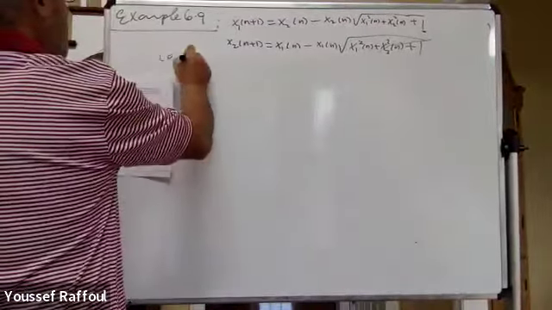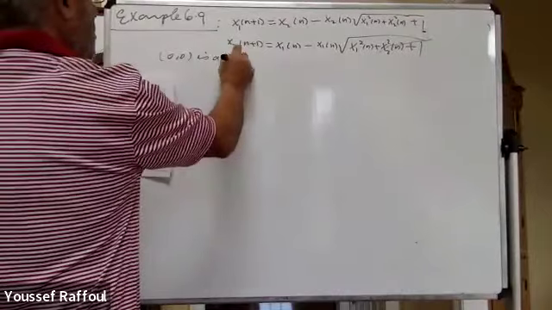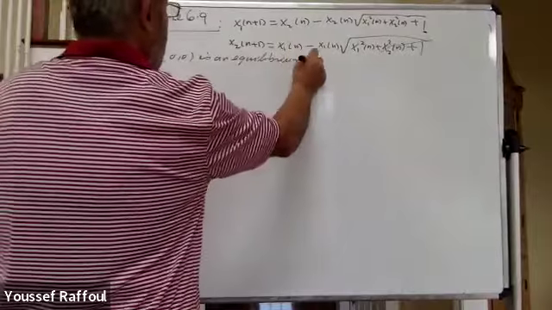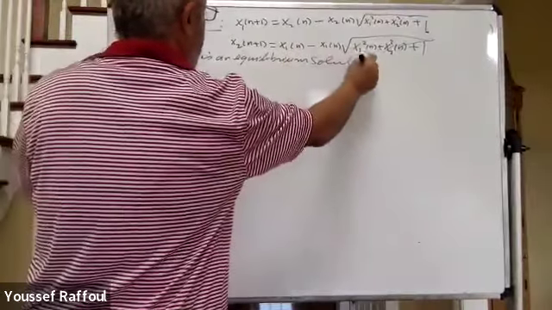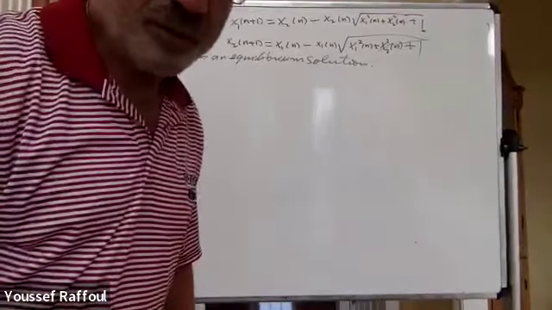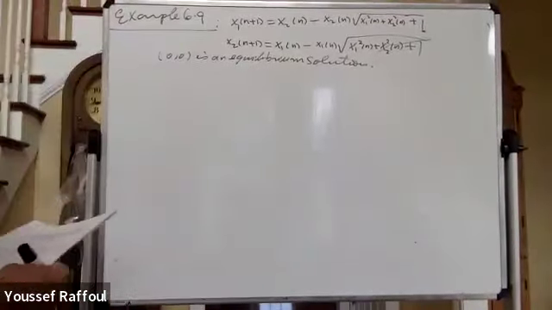Clearly, (0, 0) is an equilibrium solution. It's the only one.